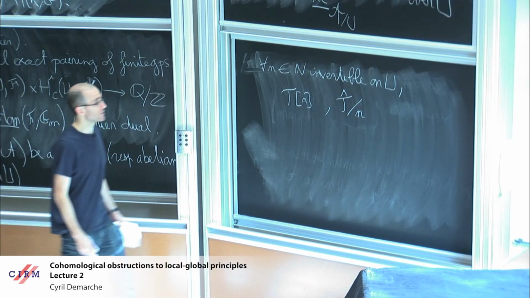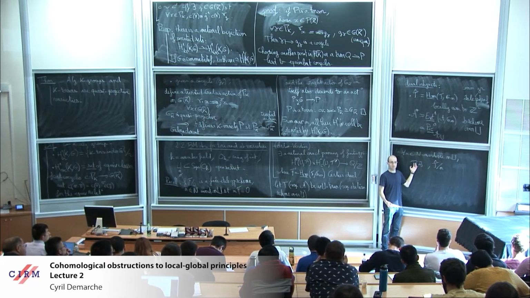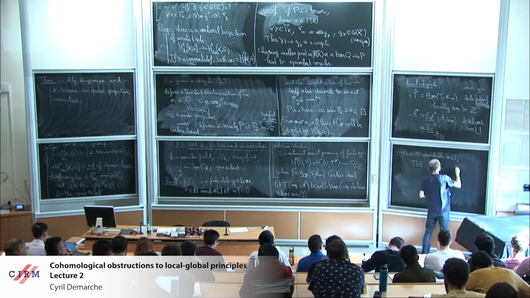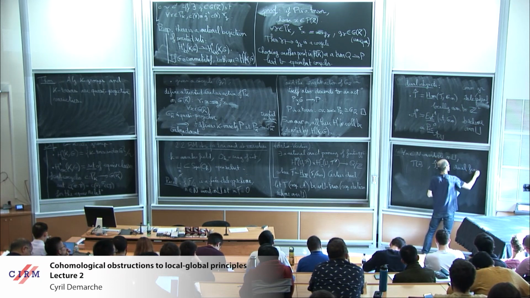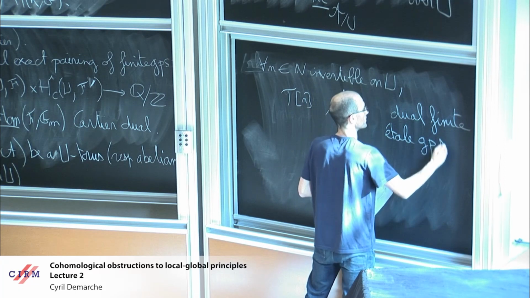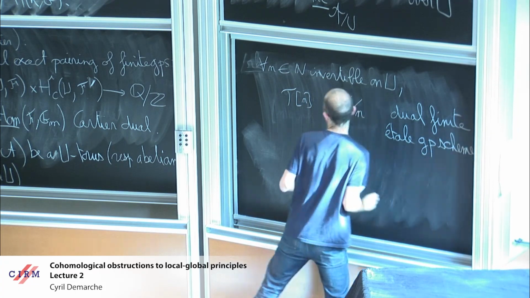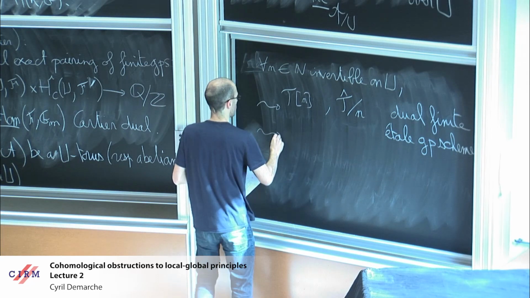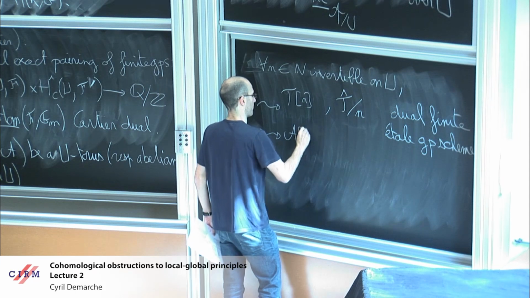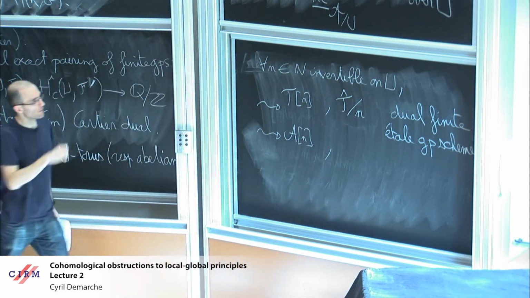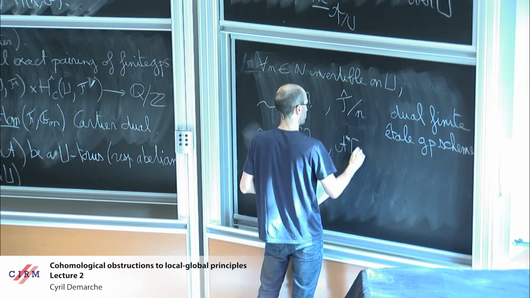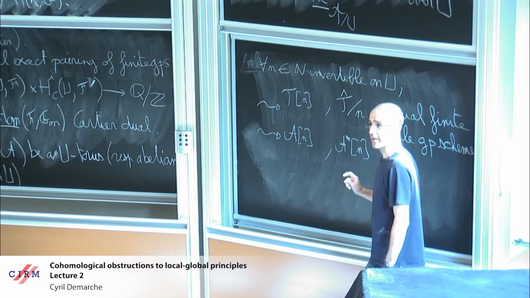étale group schemes. This is something that looks like mu_n, and this is something that looks like Z mod n. So these are dual finite étale group schemes. Similarly, you can do the same with the curly A. You can consider A[n] and A star[n]. Both are finite.